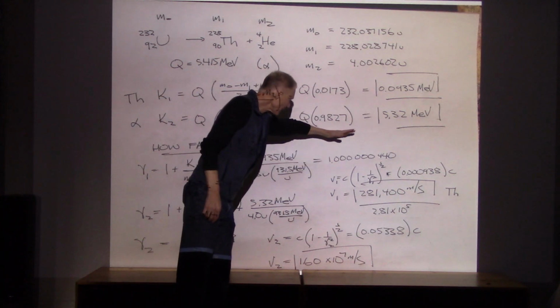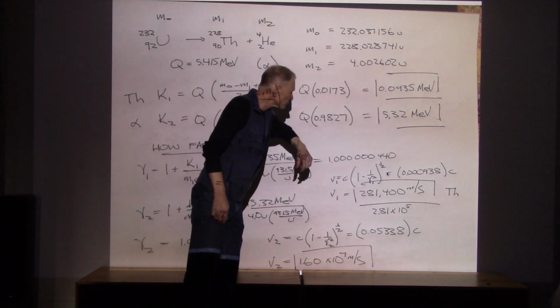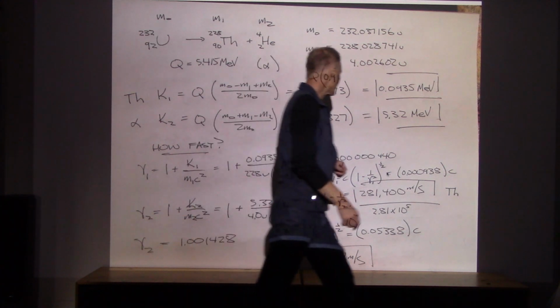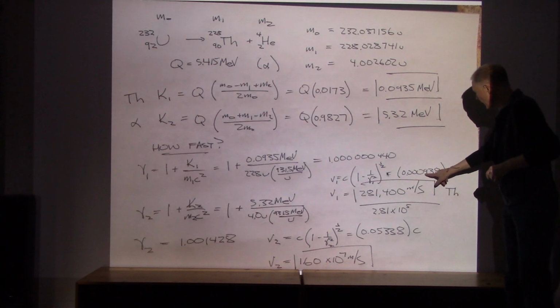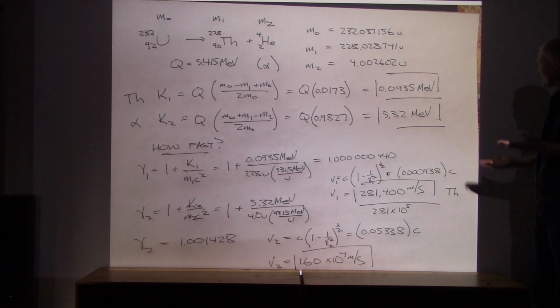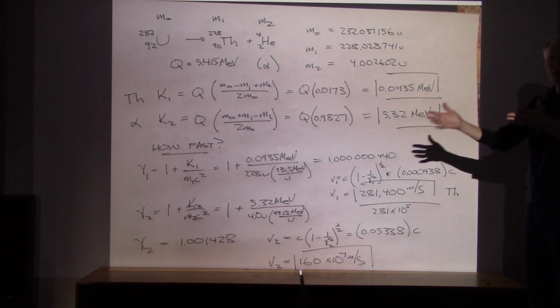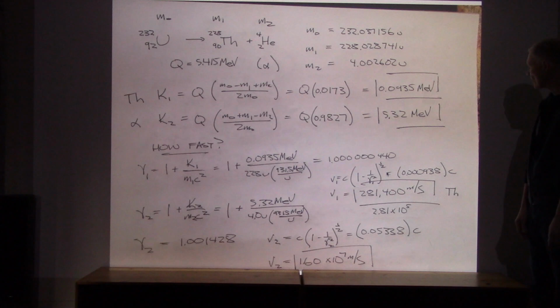So now that I've got the gamma factor, I can solve for v using my formula from special relativity, and it's telling us that we're moving at 0.000938 times c. So it's about 1,000th of c. And we've gotten so used to having things travel near light speed. At first we might be thinking, well, how fast could that possibly be?